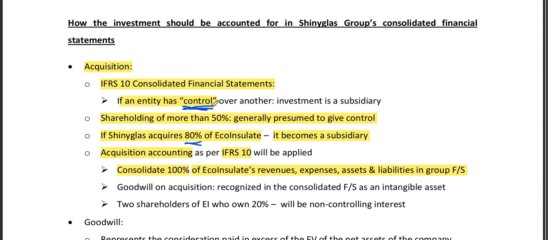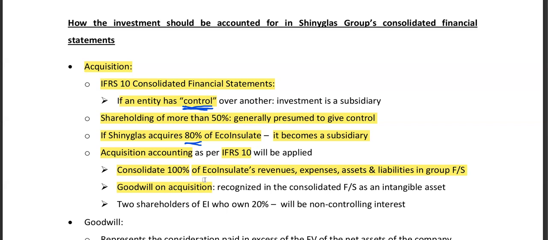And remember, when there is an acquisition of an existing company, you will have to see whether there is a goodwill upon acquisition. As I mentioned, goodwill can be tested separately as an individual question. You could be asked about the challenges in calculating goodwill or how goodwill should be calculated.